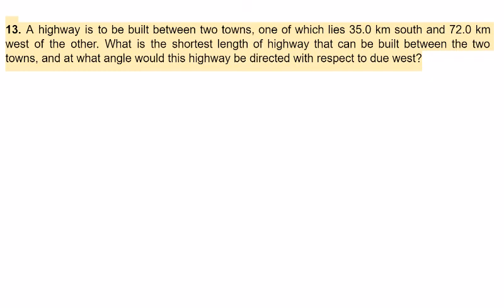So I'm going to draw a town here. Call it T-town, right there. And it says one of which lies 35 kilometers south and 72 kilometers west of the other. So the other town, we have to start out here. We're going to go 35 kilometers south.